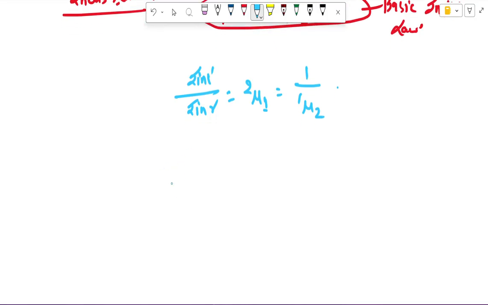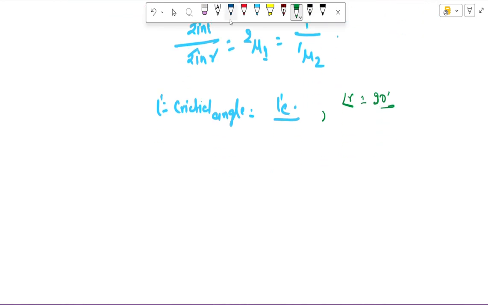Here the angle i is the critical angle, so we denote it by ic, and the refracted angle r is 90 degrees.